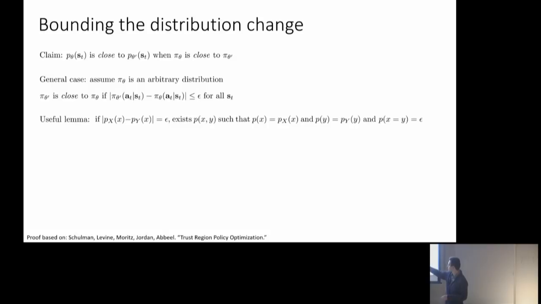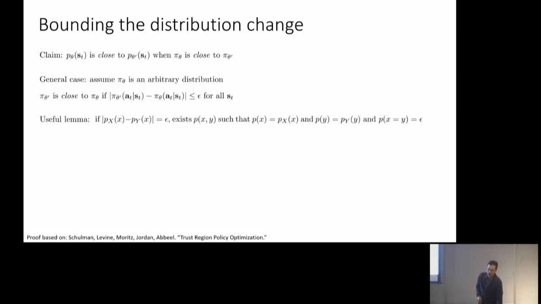But just to walk you through this lemma, you have some random variable x, and you have two distributions, p subscript x and p subscript y. If the total variation divergence between p subscript x and p subscript y is equal to epsilon, then there exists some other joint distribution over two variables x and y, such that the marginal of this joint for x is p_x, and for y is p_y, and the probability that x is equal to y is epsilon.